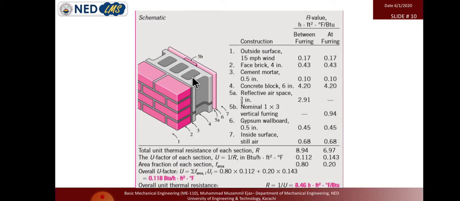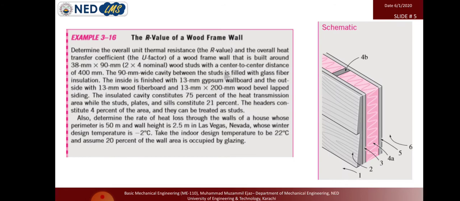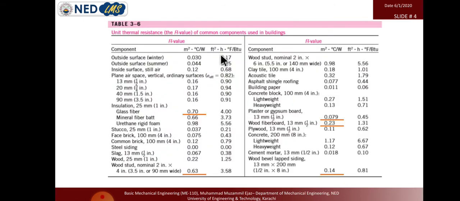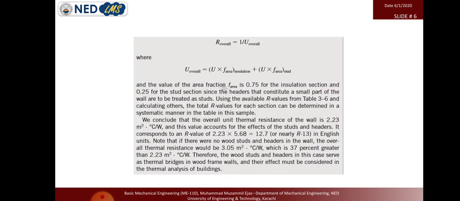It has cavity bricks providing insulation through an air gap, and also insulation between the air gap. You have to calculate this with British units. In the table we have both units, meter and British units, so you should be able to calculate in both.